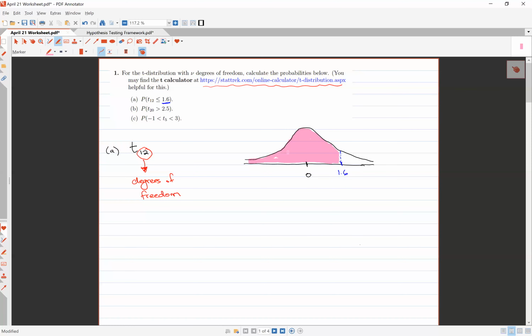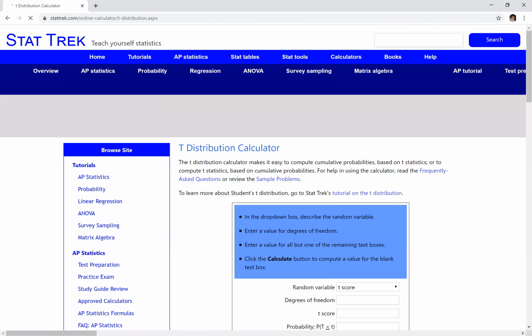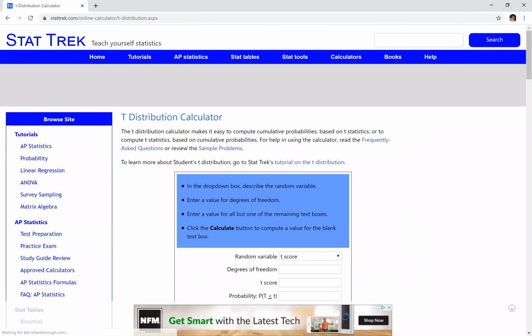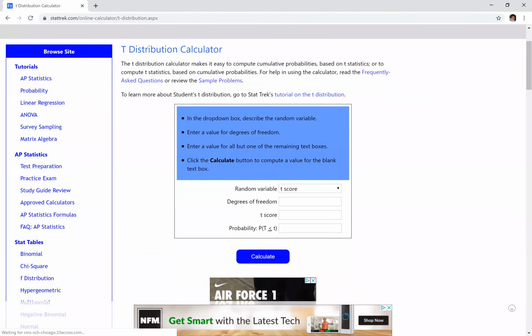So this is where this calculator now becomes very handy. In fact, what I wanted to show you here is if I open my browser and I just Google t calculator, the link that I provided in that first example is the first link that came up on my page. So when you open this, you'll see it says t distribution calculator.